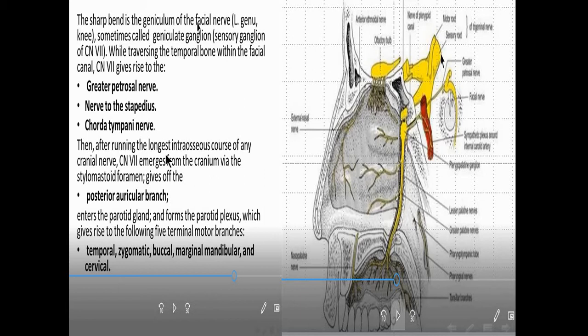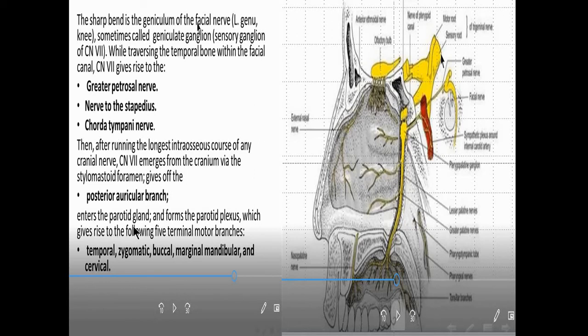Then, after running the longest intraosseous course of the cranial nerves, number 7 emerges from the cranium via the stylomastoid foramen in the temporal bone. It gives the following branches: the posterior auricular branch passes behind the auricle to supply sensation to the occipital area.